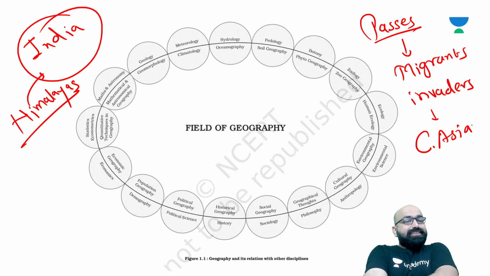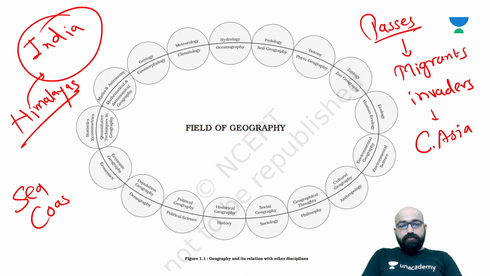Now, the sea coast has encouraged contact with people from East and Southeast Asia, then Europe and Africa.